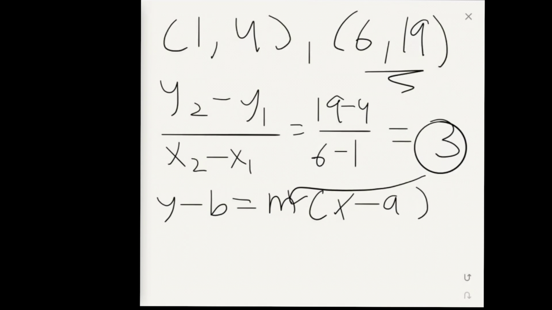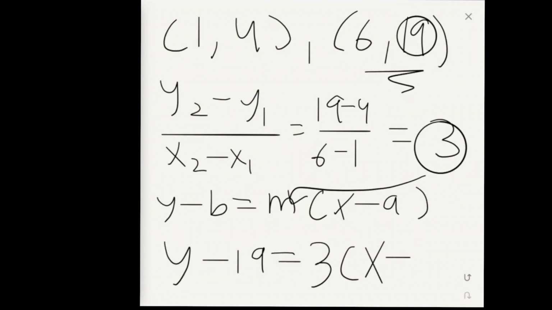So you get y minus, and b is the y value, so it's 19 is equal to m slope, which is 3 times x minus a is the x value, which is 6. So x minus 6, you get y minus 19 equals 3 times x minus 6. And that's your answer. Now it's your turn.